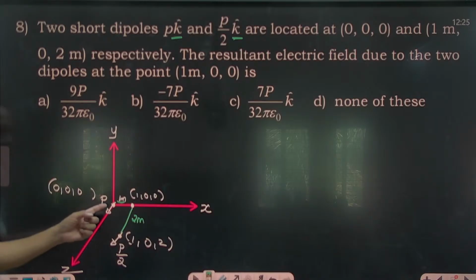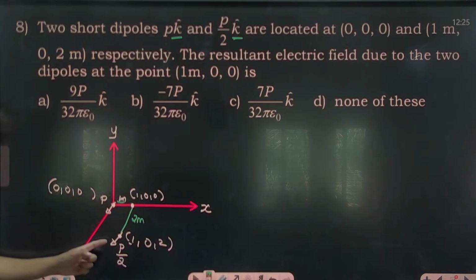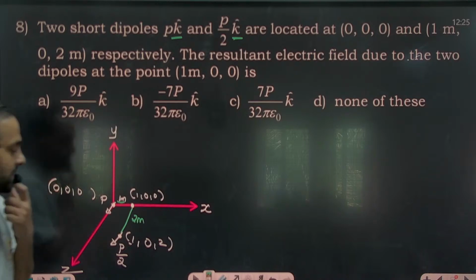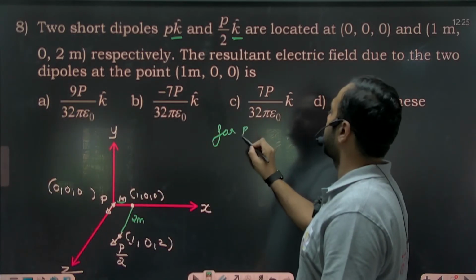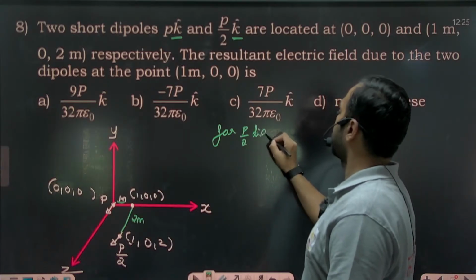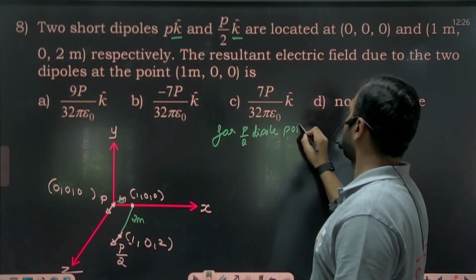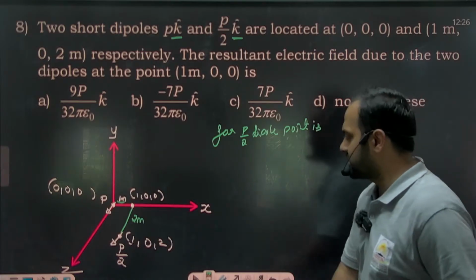So because of this P, it will be minus K cap, and because of this P by 2, it will be plus K cap. Okay. So for P by 2, the point is what kind of point?